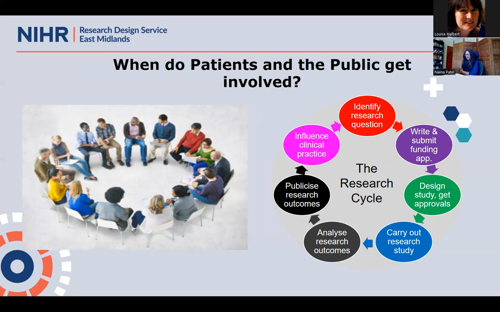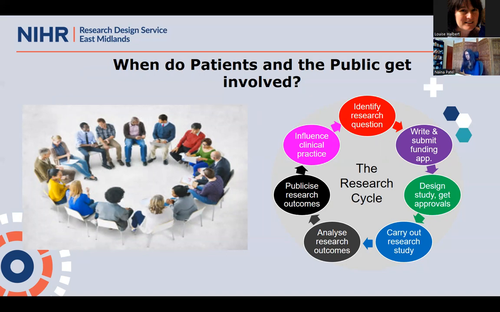So when do patients and the public get involved? As required by the NIHR, patients and public should be involved from the beginning to identify the research questions. However, my experience is that research teams develop their questions and priorities and research plans before they consult or collaborate with patients and the public.